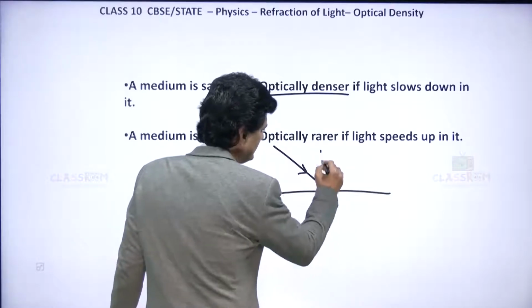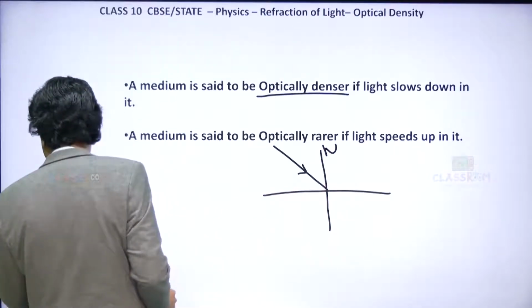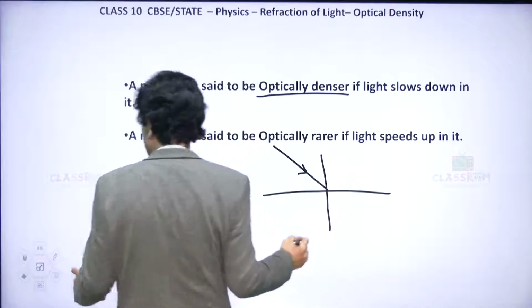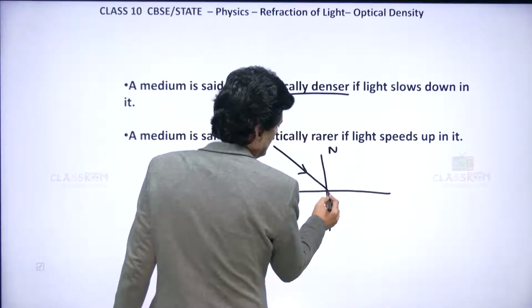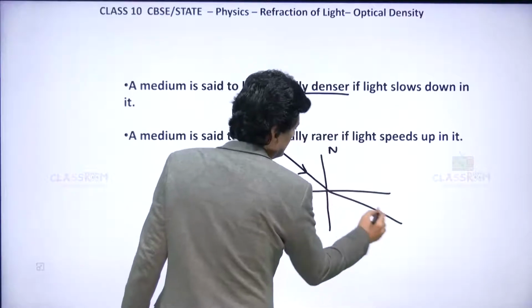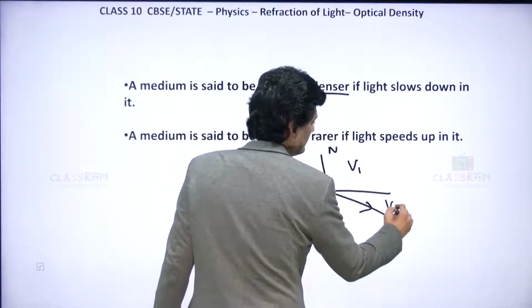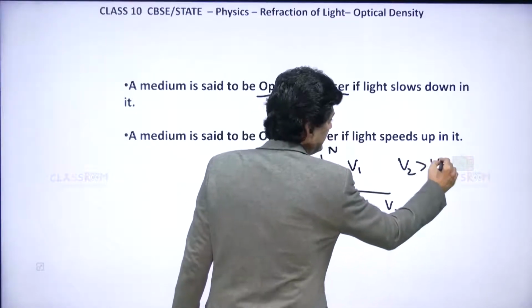this is normal, and its speed increases. Then V2 greater than V1, this means what?